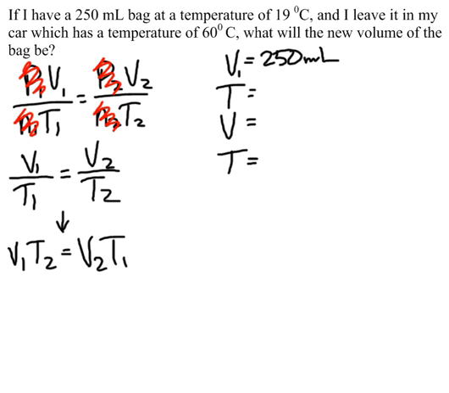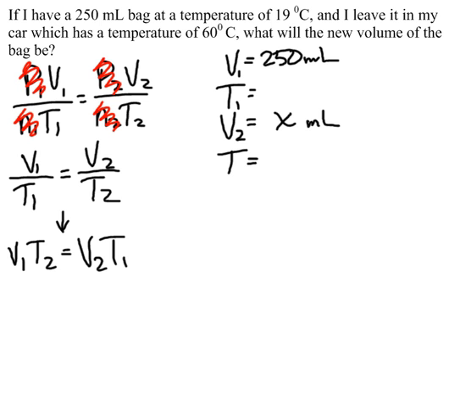Since I didn't, you can have your volume, when you're all said and done, be in milliliters. That's fine. Or if you want to just feel comfortable and always convert everything to liters, you can. But understand that if I don't specifically say I want this new volume in liters, or in cubic centimeters, then you don't need to do any conversion. So I know my V2 will be X in milliliters.